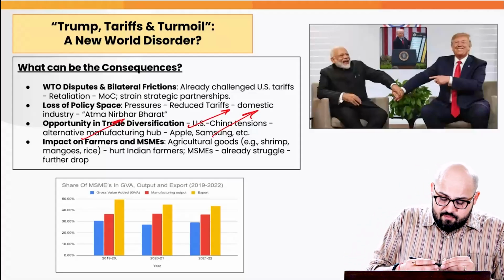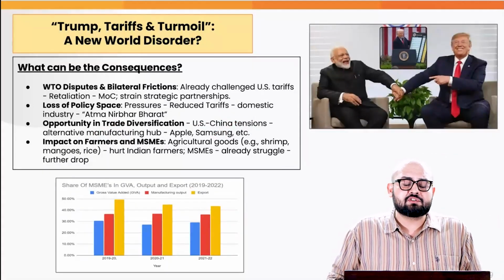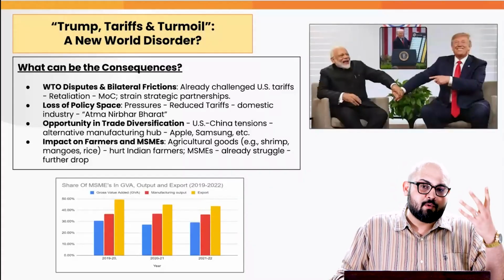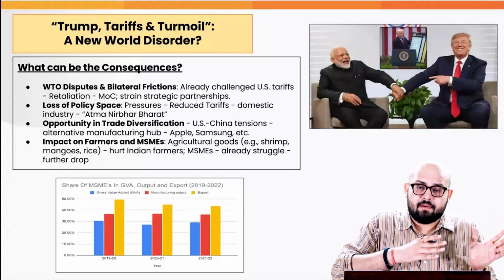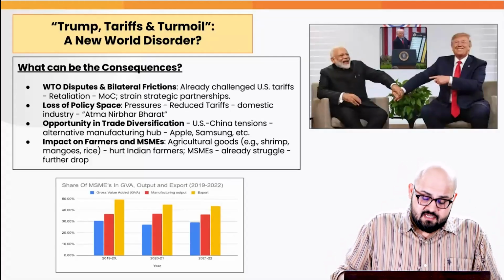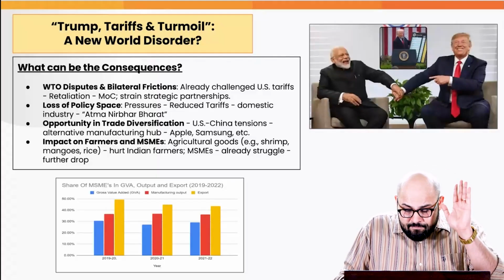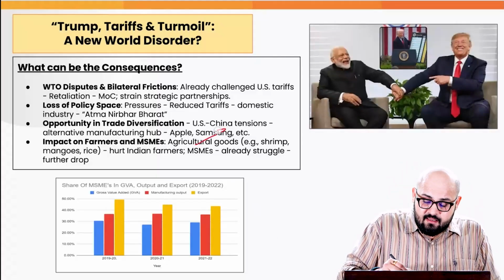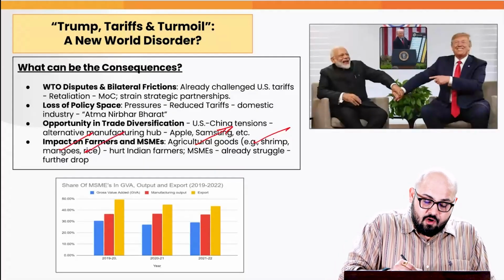Next is the impact on farmers and MSMEs. See, India is one of the countries which exports a lot of organic products to the US, right? One of the largest consignments of organic products from India goes to the US. If the US imposes tariffs on India's products, that is definitely going to affect agricultural goods exports to the US. For example, shrimp, mangoes, or rice.